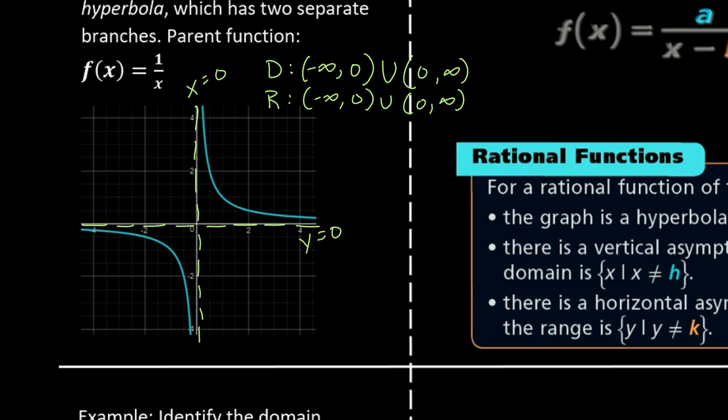All right. So when you are trying to graph a rational function, one of the major aspects that helps you graph it is the center where the two asymptotes meet, right? So where is the center of our graph here for the parent function?